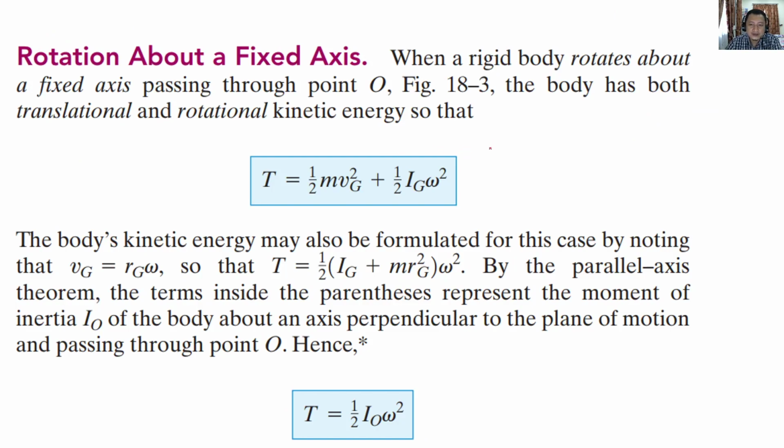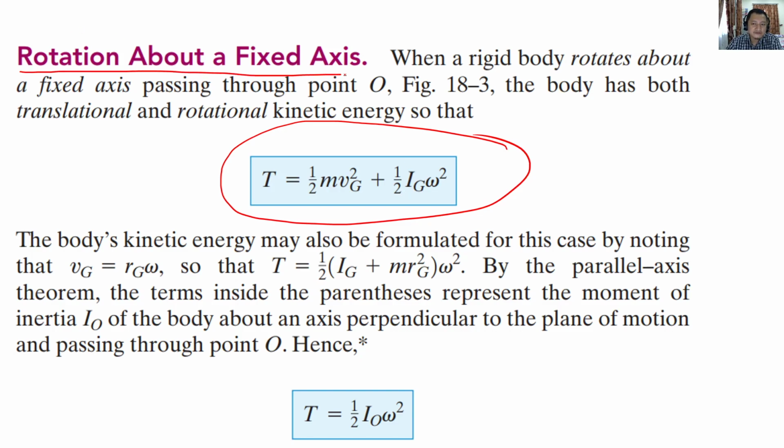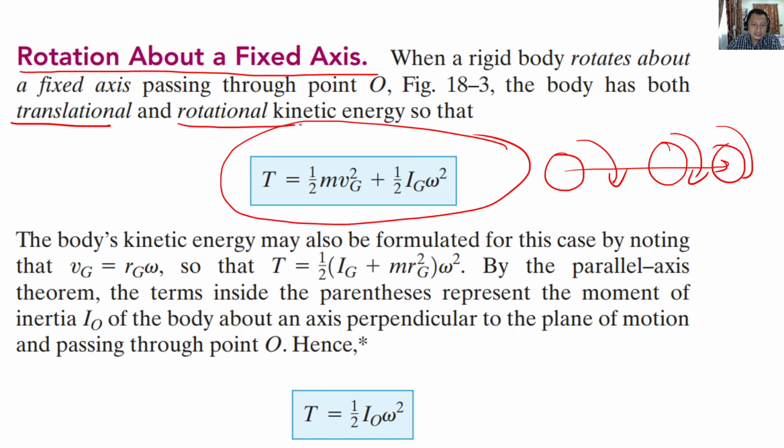So this was what I was talking about in terms of rotation about a fixed axis. If a body is rotating and rolling but also traveling, it has these two things: translational and rotational kinetic energy.